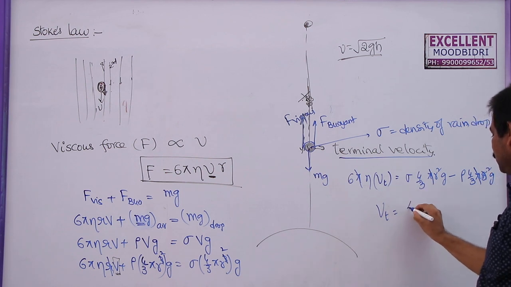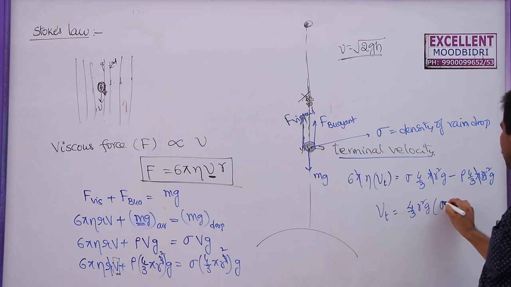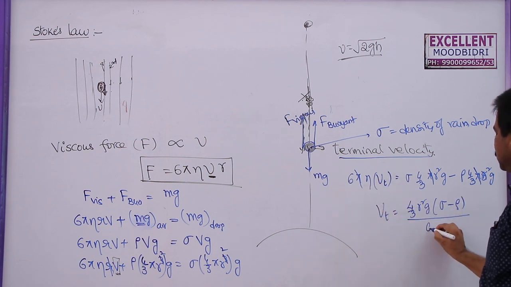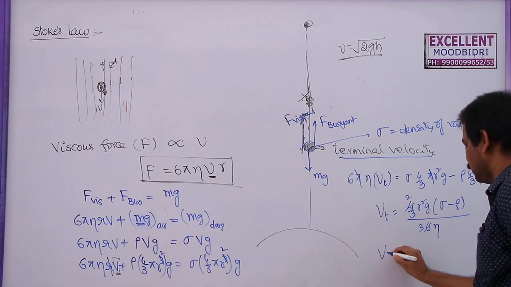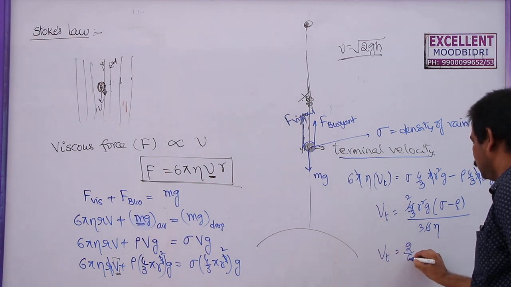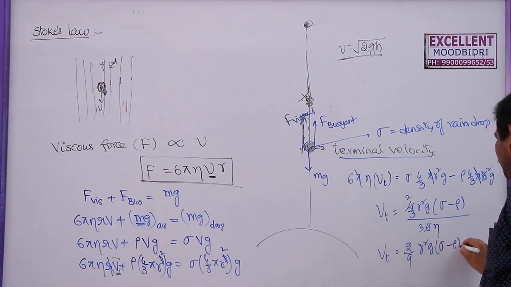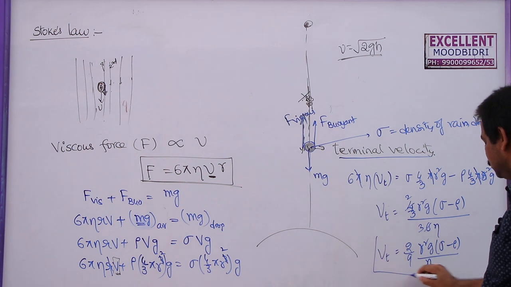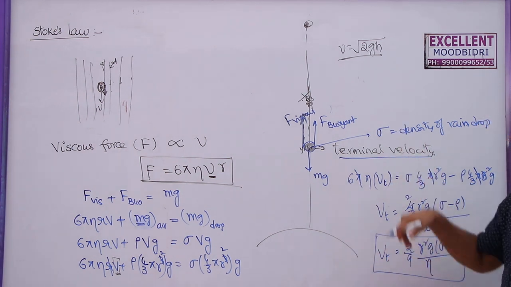Here you can take 4 by 3 r square G common, sigma minus rho by, this will become 6 eta. So this will become 2 2s, 2 3s. So the terminal velocity is given by 2 by 9 r square G (sigma minus rho) by eta, 3 3s are 9. So this is the expression for terminal velocity of a raindrop falling through a fluid.